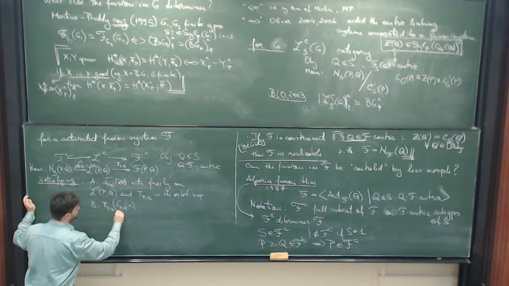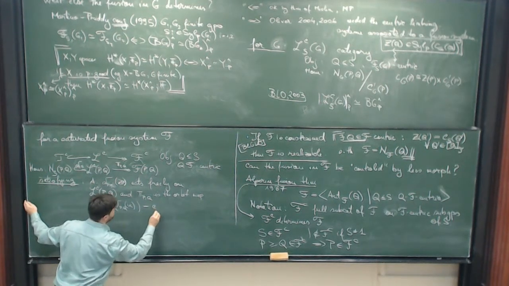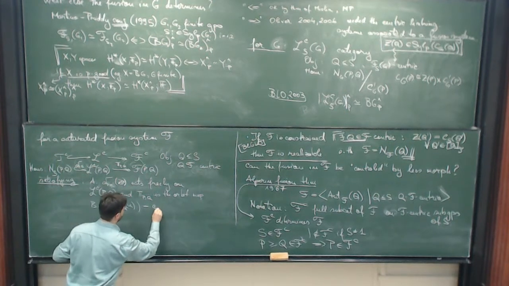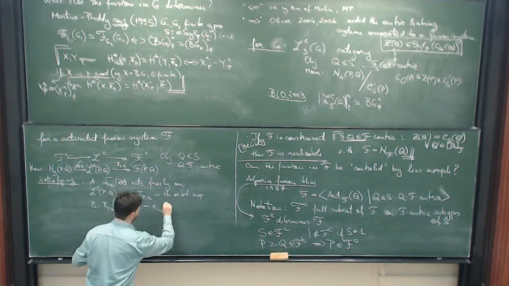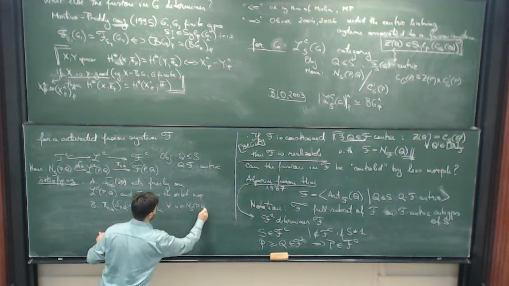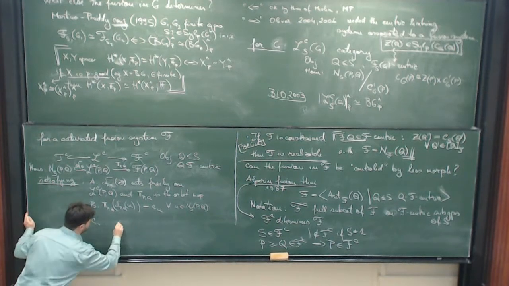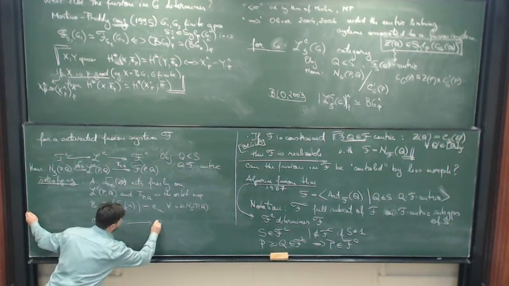Then you really get a morphism from P to Q. Then you want this to be the conjugation by U. And finally, you want some diagram to commute.